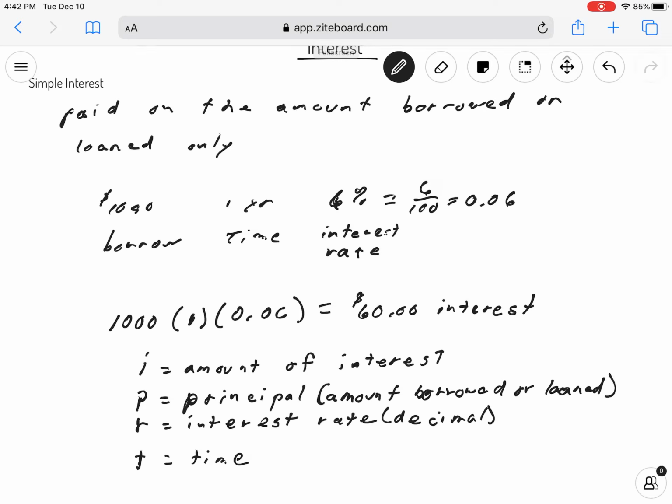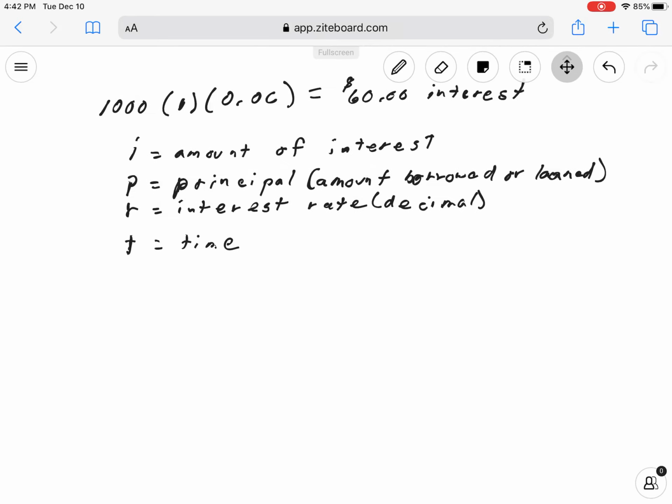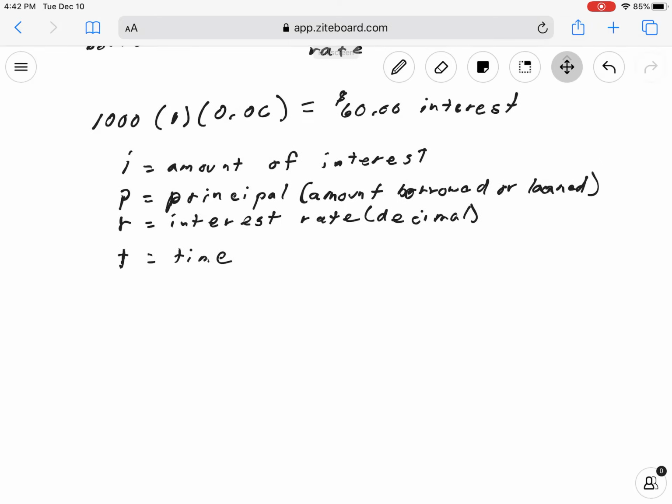Okay, so another example, let's use, we invest $2,000. And we're going to invest it for 3 years.